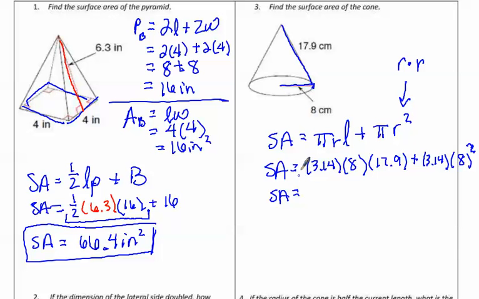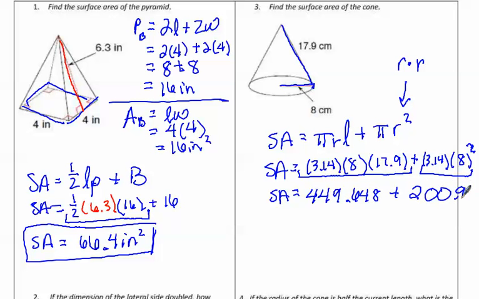According to GEMDAS, we must do multiplication first. So this first half, you get 449.648 plus the second half. Remember, this is 3.14 times 8 times 8. You get 200.96, making the total surface area 650.608 centimeters squared.